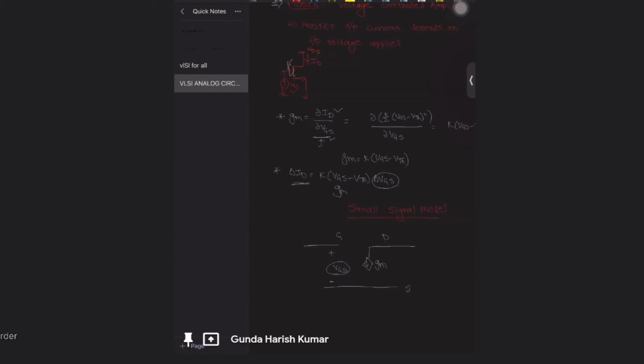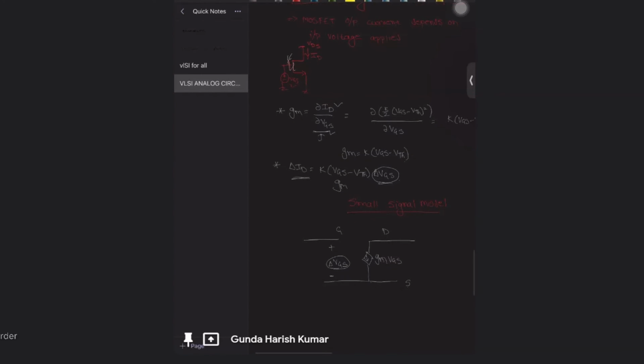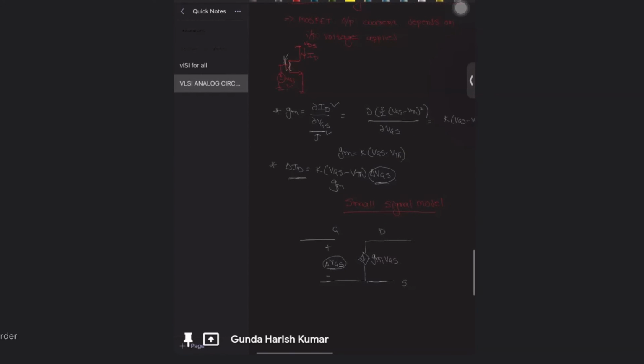So this voltage controls the current from the drain, that is GM into delta VGS. The small signal model uses small changes, delta VGS, because DC will be short circuited in the AC analysis. So we have a small change delta VGS, and here it will be GM delta VGS.